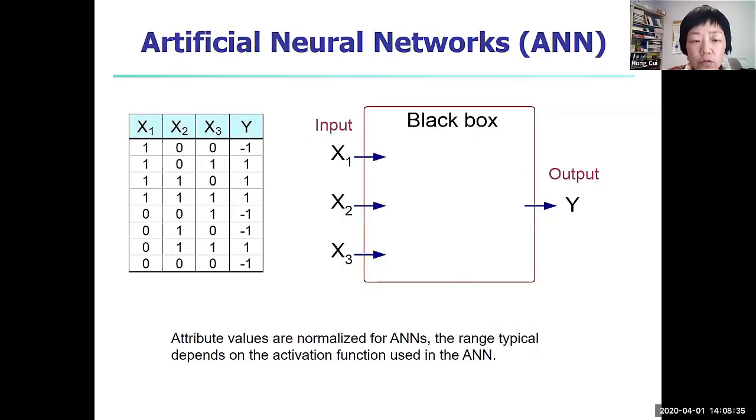You can think of an artificial neural network as, many people say, a black box, because we see the input and output, but internally how it works is actually very hard to understand. This has been cited as one of the drawbacks of artificial neural networks, that they have lower interpretability.